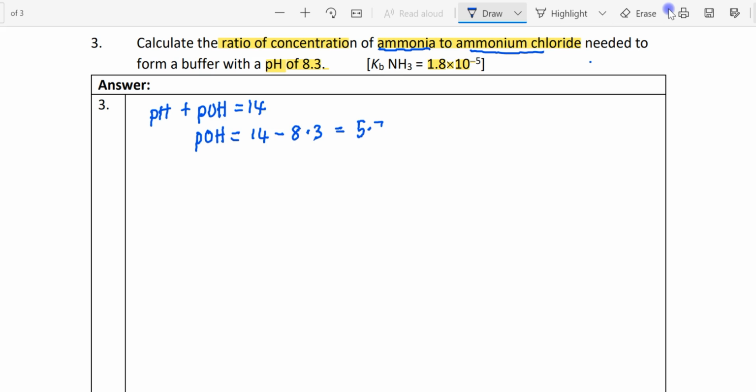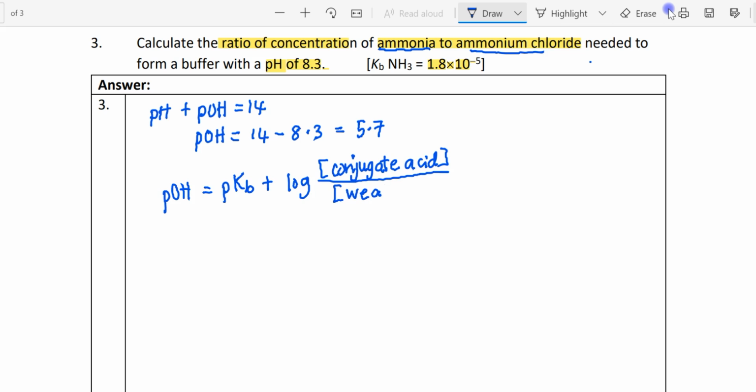Second step, use the Henderson-Hasselbalch equation to calculate the ratio. What is the conjugate acid?